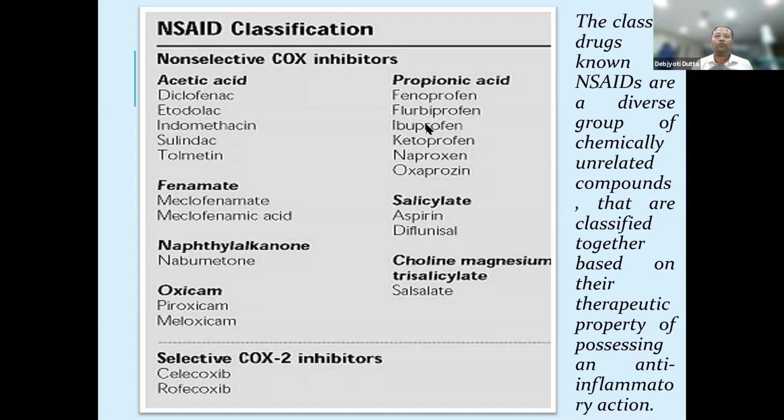Then you will go to ibuprofen, which is a propionic acid drug. This is recommended: in NSAIDs also, if one group of drug doesn't work, you have to go to another group of drugs. So you must know which drug stands where in the classification, so that you can choose a different group.